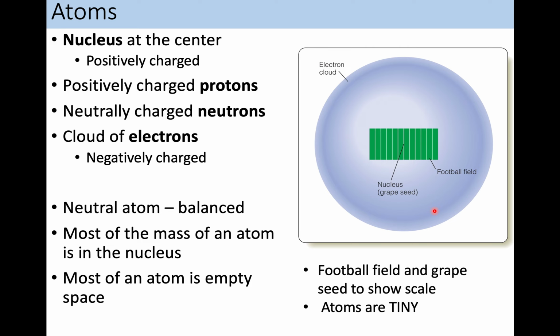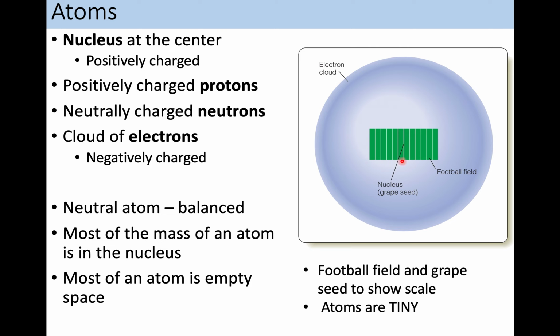One thing to note about atoms is most of the mass of an atom is actually in the nucleus. And the nucleus is teeny tiny compared to the whole atom. Most of an atom is just empty space. If we scale the electron cloud to the size of a football field, the nucleus would be a grape seed. So imagine a grape seed in the middle of a football field.